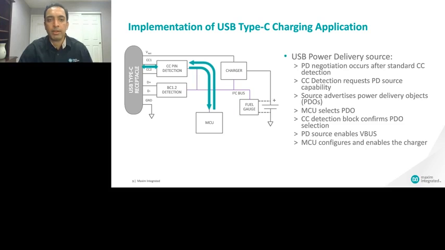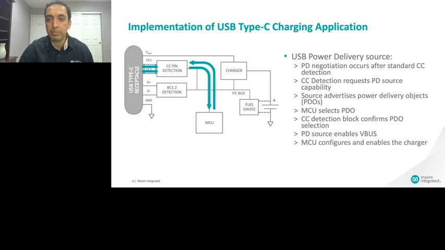Next, if you have a USB power delivery source. The initial section, the USB Type-C detection, works the same as what we saw in the previous slide. But with power delivery, you also have a further step. In this case, there is a power delivery source which advertises the power capabilities, which includes the voltage as well as current levels.